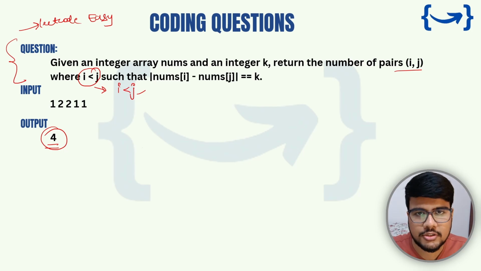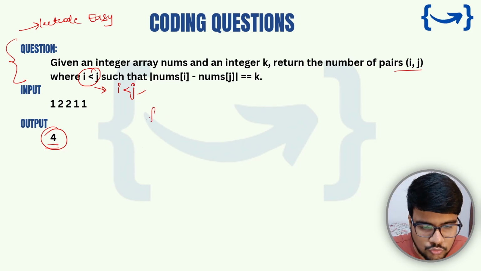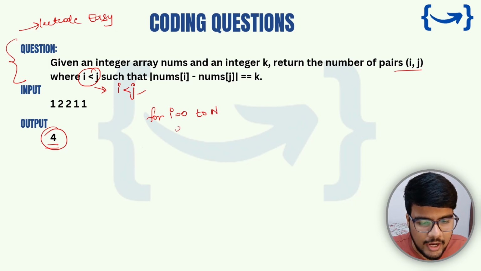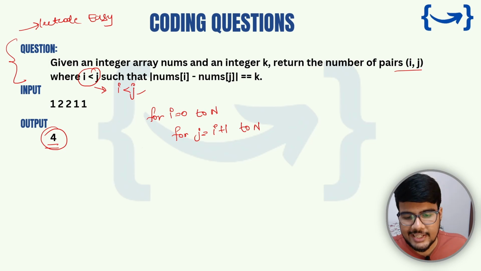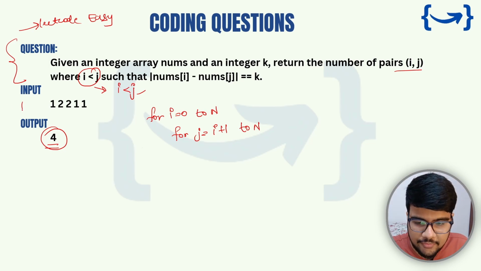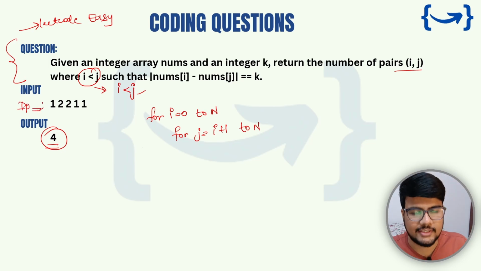From this, I get to know that I need to use two for loops, where i starts from 0 and goes till n, and I need to create a j loop as well, where j should always be greater than i, so it should be i plus 1 to n, so that I can check every condition which exists in my given input.